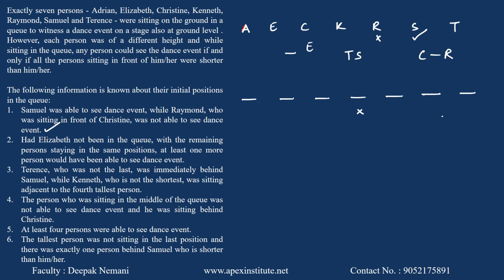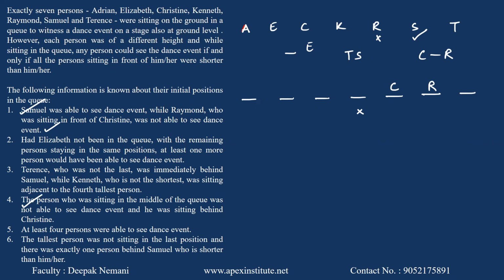The reason being, Raymond is not able to see the dance event. So if Raymond is the first person in the row, he could have seen the dance event. So you cannot have Raymond here. So the only possibility is Raymond here and Christian should be here. So that's my understanding till here. Clear? So we have considered statement 4 and half of statement 1.